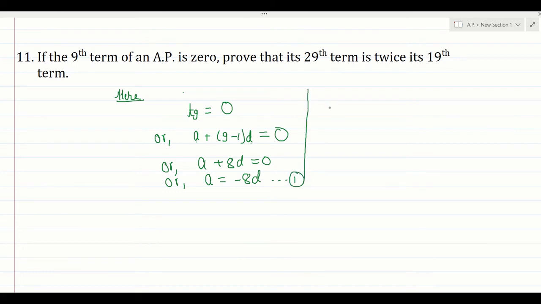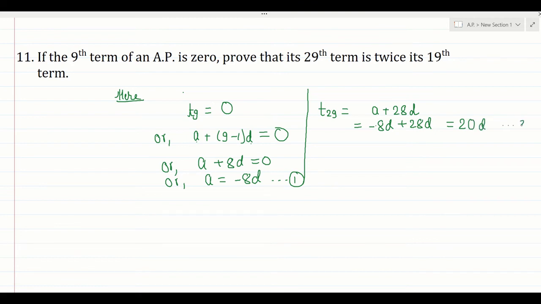Then question says, prove that its 29th term is twice its 19th term. So let's find out 29th term first of all. So it is T29. We know it is A plus 28D. Isn't this equal to A? A is minus 8D from the first equation. So instead of A, we can put minus 8D plus 28D, which is equal to 20D.